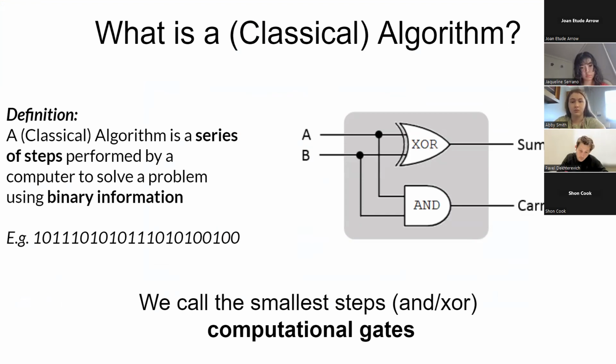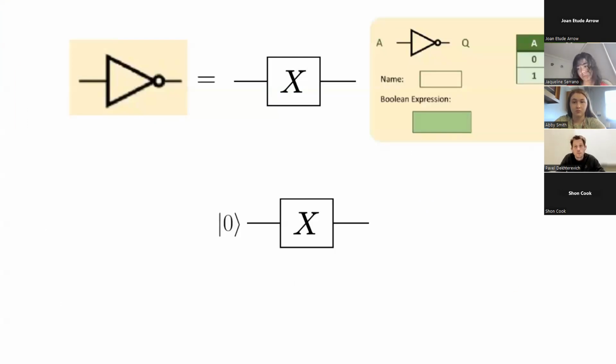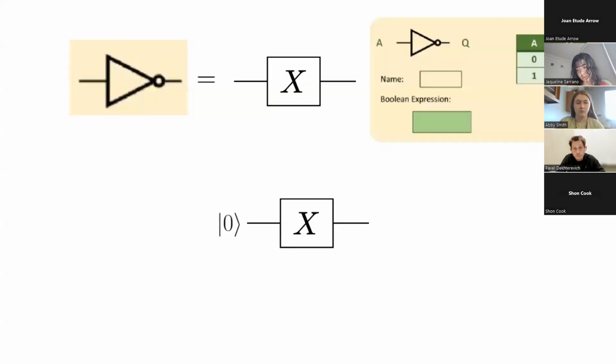The gates are the smallest steps that take in some set of bits and spit out some other set of bits. That's all computing is. And so we want to define in this lecture how to build a quantum algorithm. And to do that, we need to dig in a little bit more into these classical gates because they'll turn out to be quite helpful.